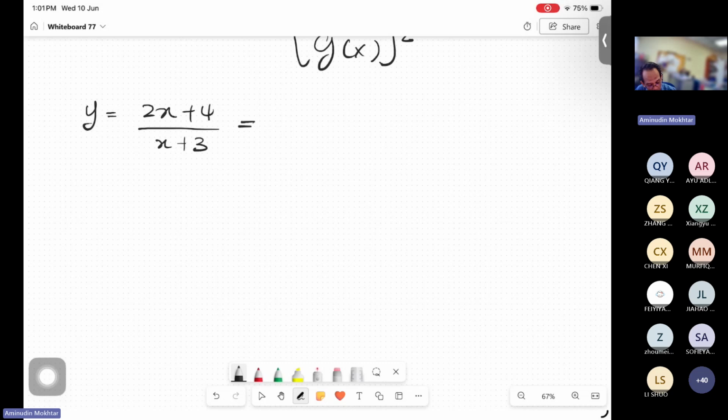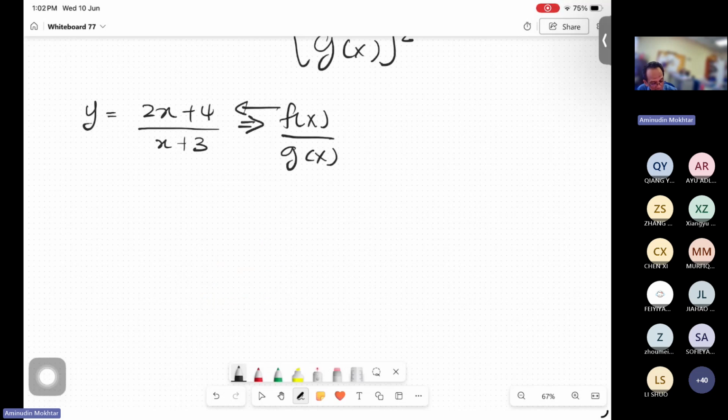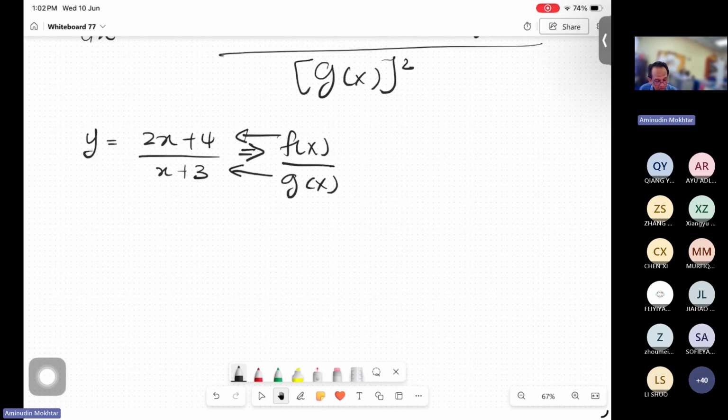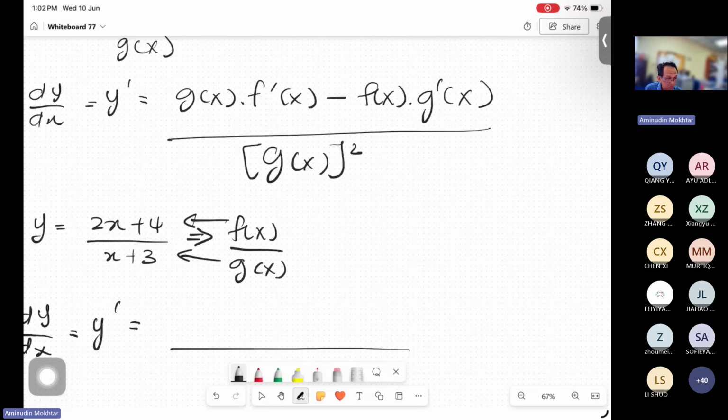From this example, we can assume f(x) divided by g(x). The numerator is f(x), the denominator is g(x). So based on this question, dy/dx or y prime equals, we need to do it step by step to identify g(x) and f prime of x.